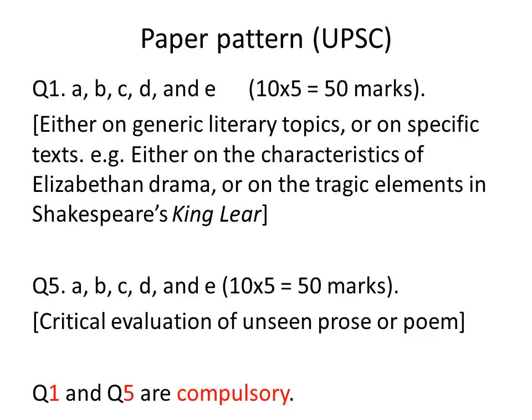The difference with the second paper of WBCS being that here you will be asked specific questions on that unseen prose or poetry passage. That is, you don't have a free hand here in writing whatever you wish to about that for 50 marks. You'll have 5 specific questions on that unseen part.